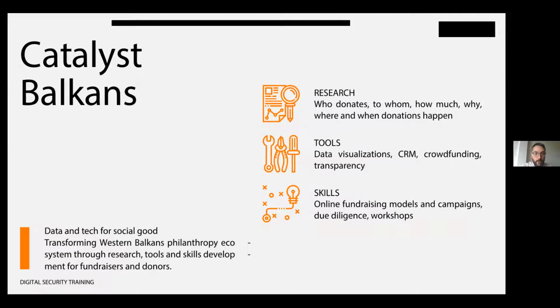We are a regional nonprofit that operates in the Western Balkans, and our main goal is to strengthen philanthropy in the whole infrastructure, including the nonprofits' capacity to fundraise and to manage their communities, and better communicate their transparency and use their data more efficiently.